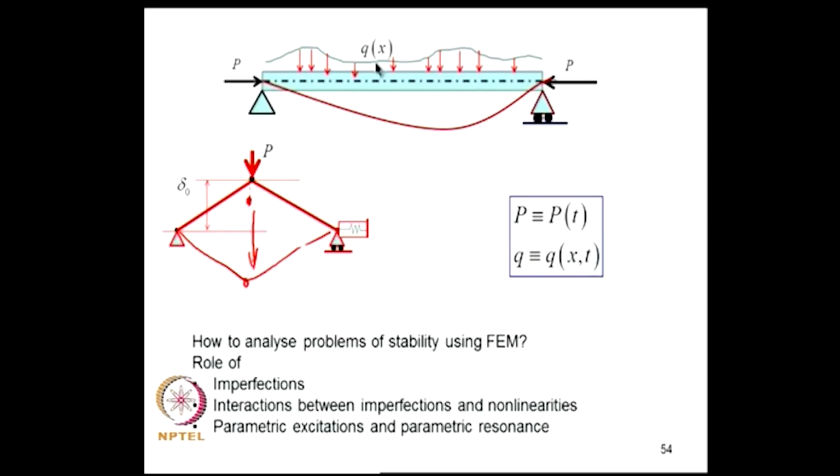Suppose Q is a static load but P is a dynamic load. Now, we can show that for certain types of loads, for example, if P is something like P naught plus epsilon cos omega t, if it is a harmonic load, then the structure can get into resonance even when this driving frequency capital omega need not coincide with any of the natural frequencies of the system.